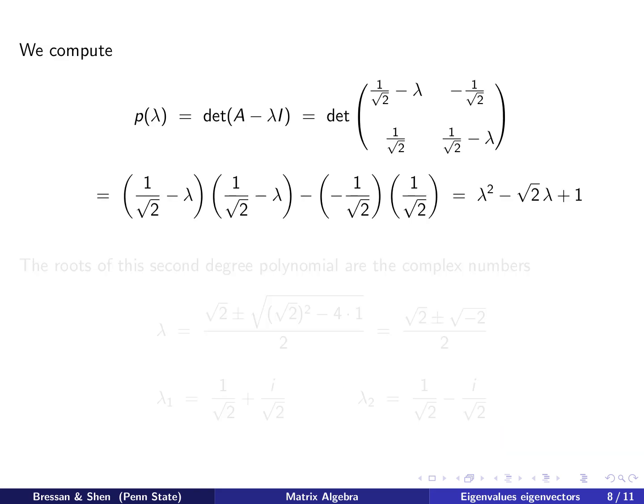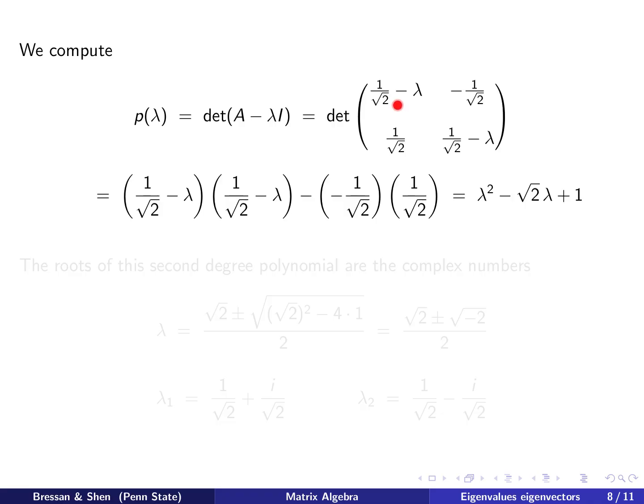So let's carry out the computation. We have done this many times: set up the characteristic polynomial and try to find the roots. So that will be the determinant of A minus lambda I, and let's put in A and subtract lambda on the diagonal.